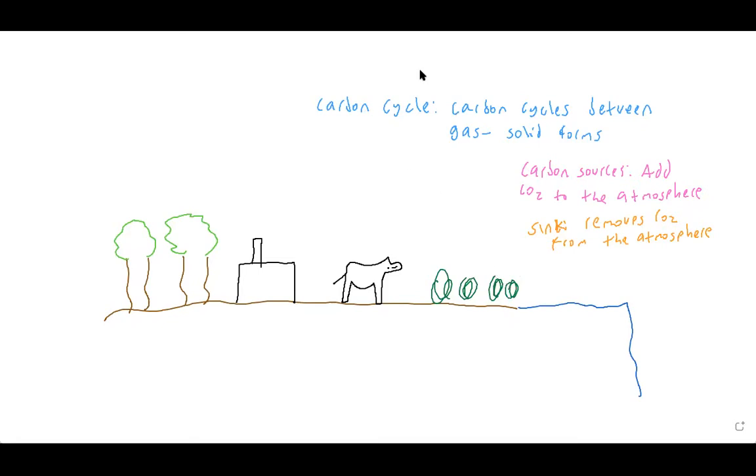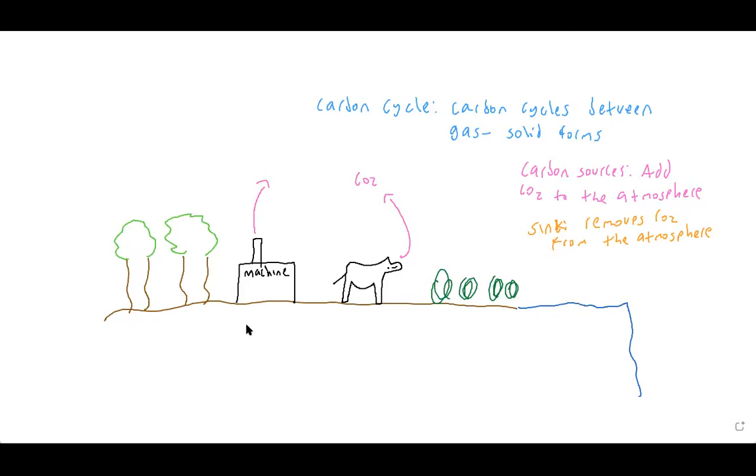Okay, now let's talk first about the carbon sources, things that add carbon dioxide to the atmosphere. Well, first is going to be respiration. Animal respiration puts carbon dioxide into the atmosphere. Factories and other machines. So with this here, we're just going to put down any kind of machine. This includes cars, factories, trucks, leaf blowers, I mean, you name it.